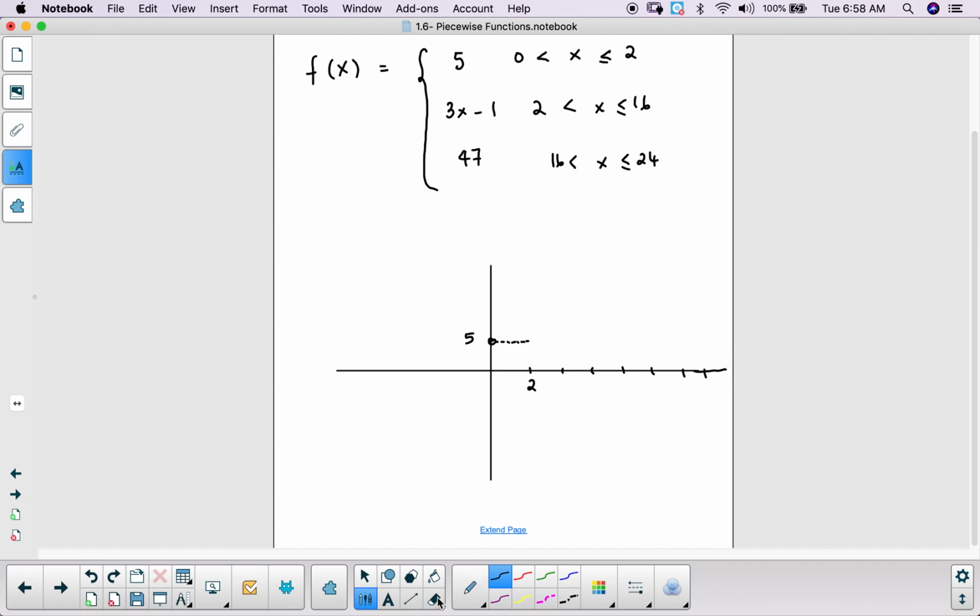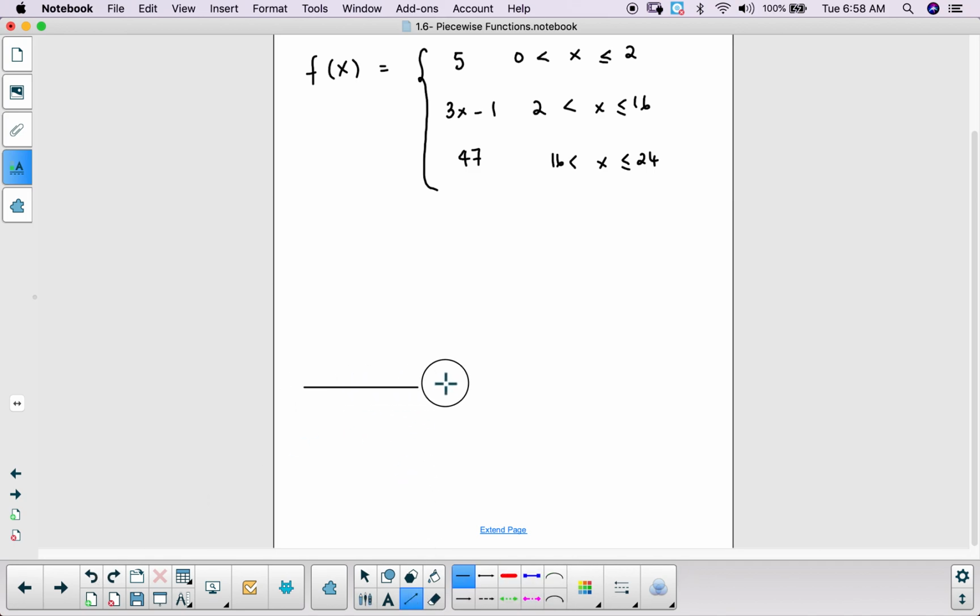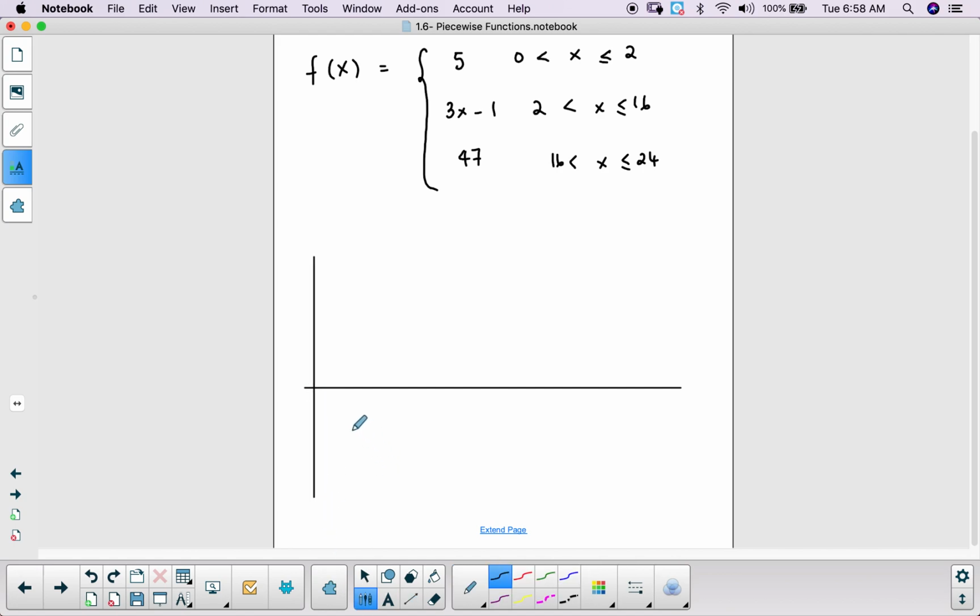Let's just draw it so we have more room to graph this. So let's say it starts over here. Okay, so we have that covered.